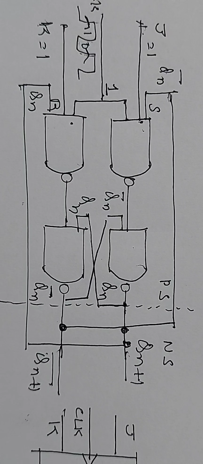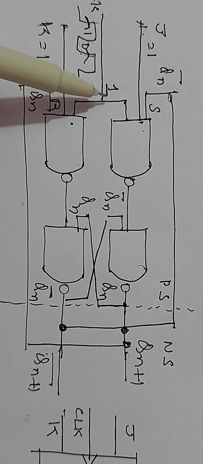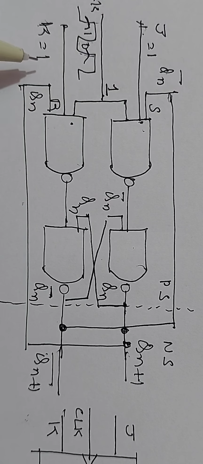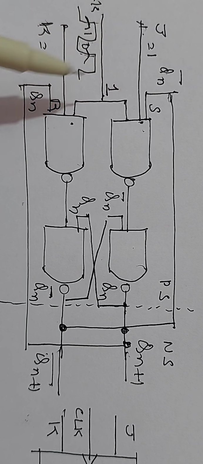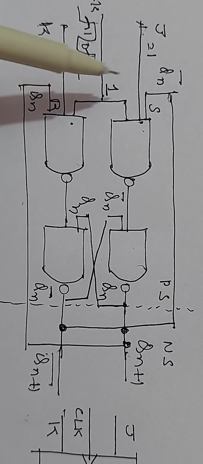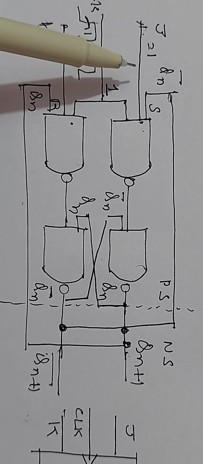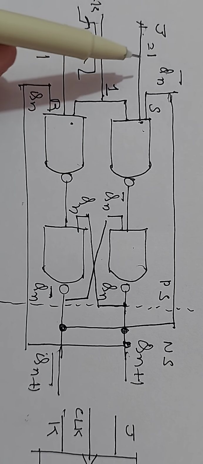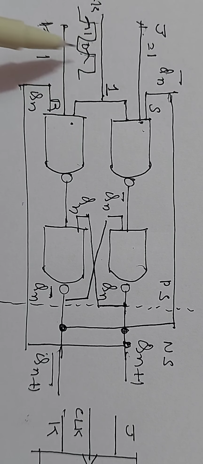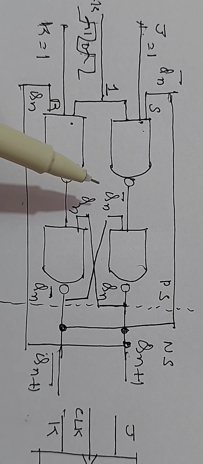Now, when the clock pulse is not present, that is when the clock pulse is 0, and whatever may be the values of J and K, J equals 0, K equals 0, or J equals 0, K equals 1, or J equals 1, K equals 0, or J equals 1, K equals 1, in all the conditions, when there is no clock pulse, it should act as a memory element.